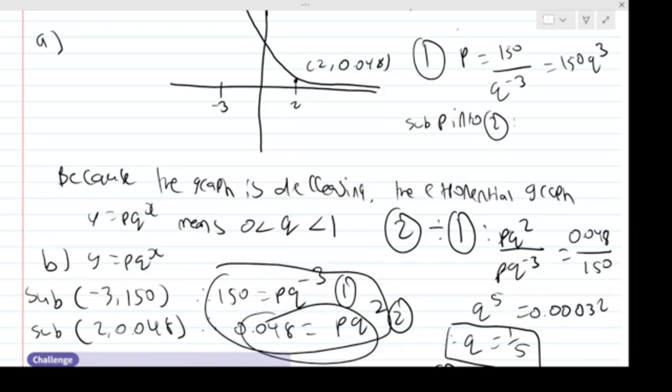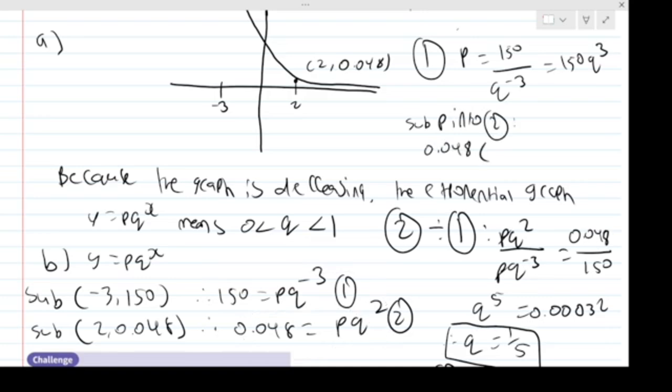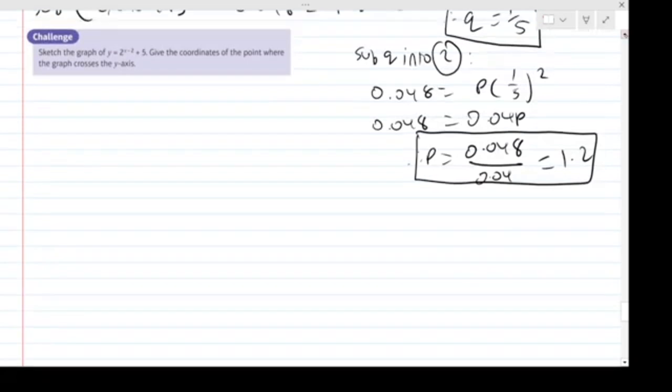And then I would have got that 0.048 is P, which is 150 Q cubed, Q squared. So that'd be 150 Q to the 5. Then you could just proceed by then solving for Q there. Again, so many methods you can do there. So again, you can pick your poison, right? Whatever works best. But there we are.